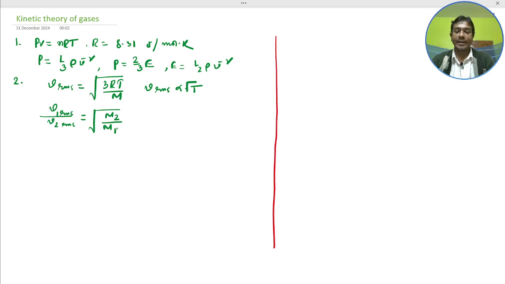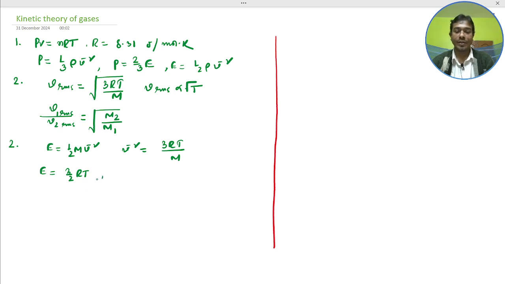The average kinetic energy of an ideal gas molecule is E = 1/2 m v̄², and v̄² = 3RT/M. So, putting this value, E = 3/2 RT.